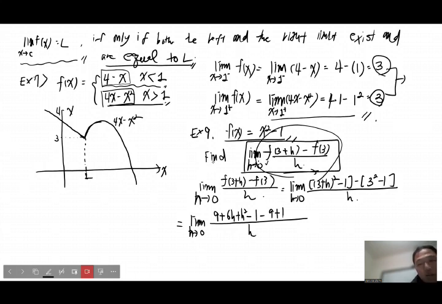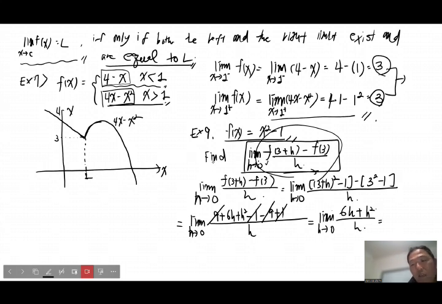So the 9 cancels out, and the 1 also cancels out, and that leads to the limit as h goes to 0 of the numerator 6h plus h squared over h.